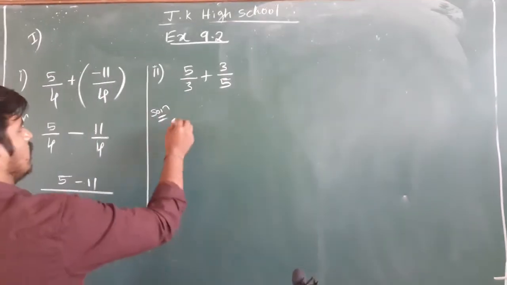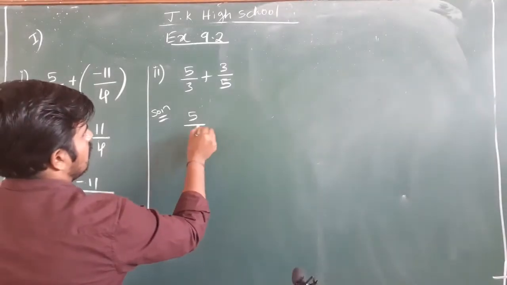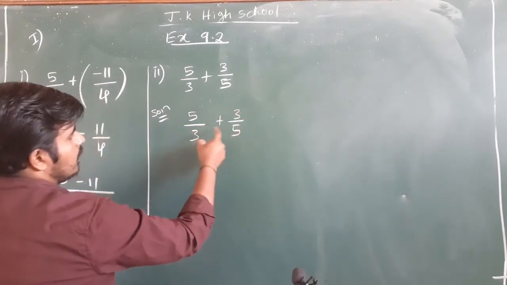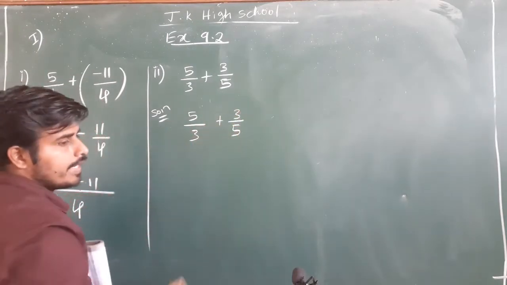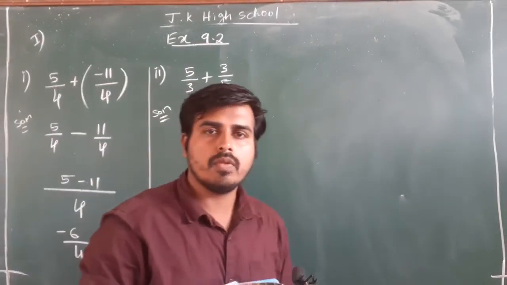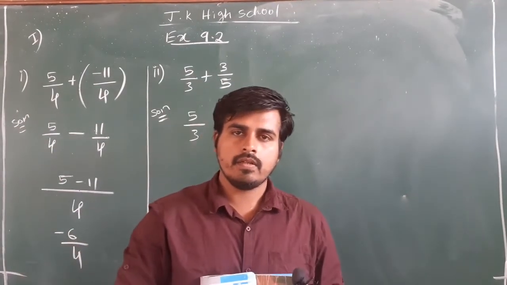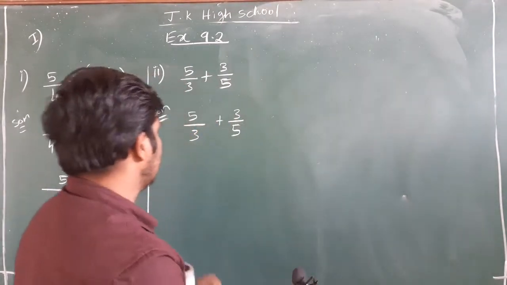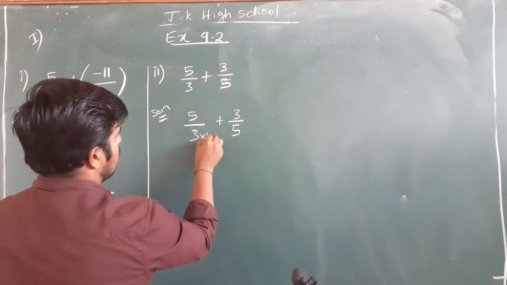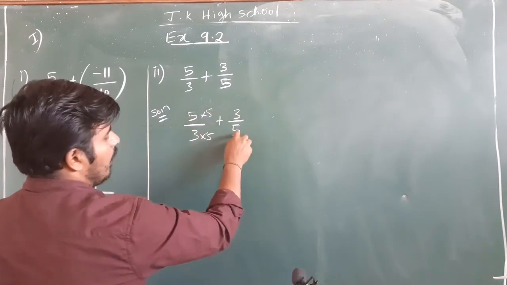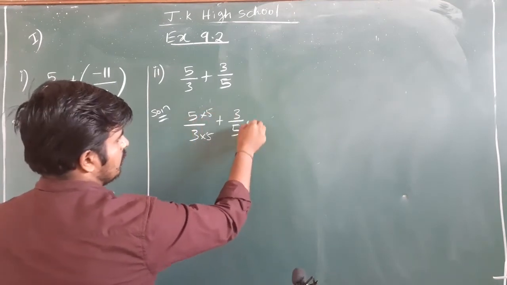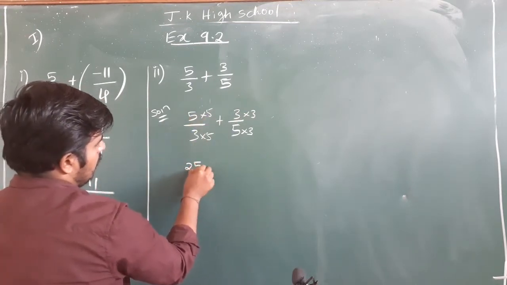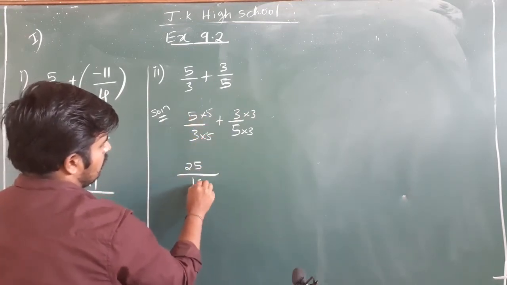How to equate it? 5 by 3 plus 3 by 5. Between the 3 and 5 tables, is there any common number? 3 5s are 15, 5 3s are 15. 15 is the common number. Therefore 3 how many are 15? 5s are. 5 how many are 15? 3s are. So 5 5s are 25, 3 5s are 15.